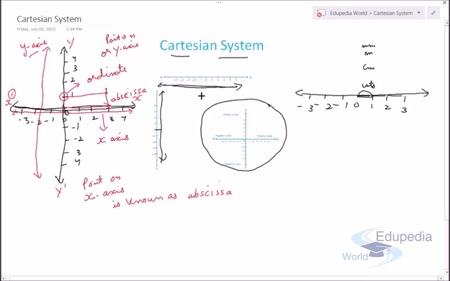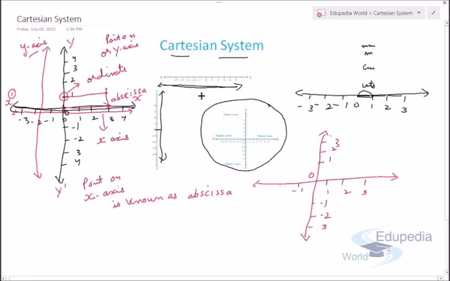Now let me draw the Cartesian system once more. Suppose we have a Cartesian system like this: 0 is the origin, then 1, 2, 3, and again 1, 2, 3.